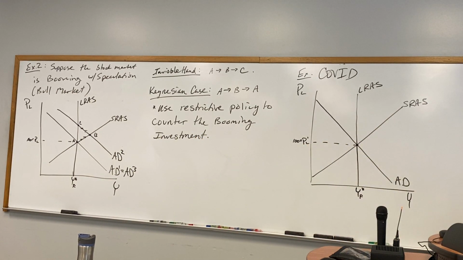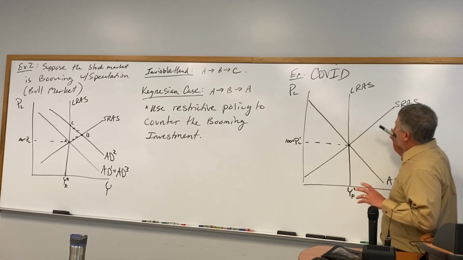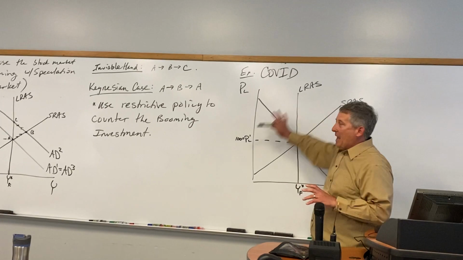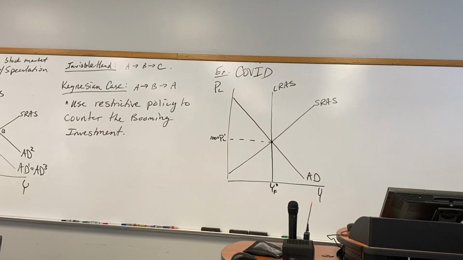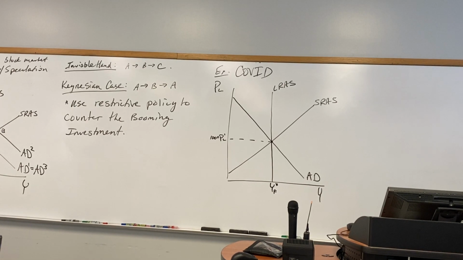So, COVID hits March 2020. What does happen to the economy? What does the government do? The economy goes down, we all know that. What would you say it did from our graph here?